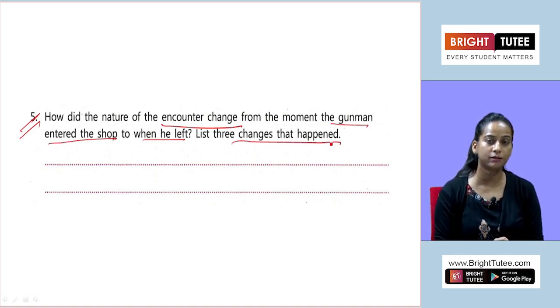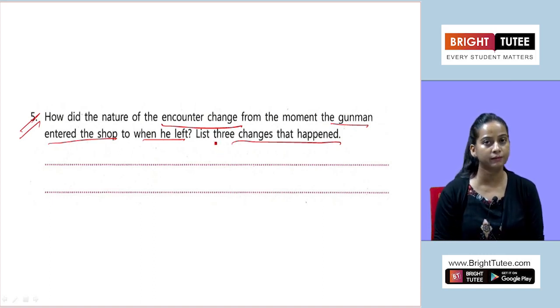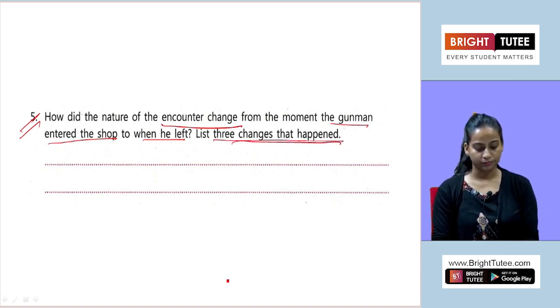He entered there for the robbery and he was looking for the safe and he wanted to get the money out of that. But when he left the shop, what was the situation? He left with the $3. So here we need to mention what changes took place there, what changes occurred in that situation.